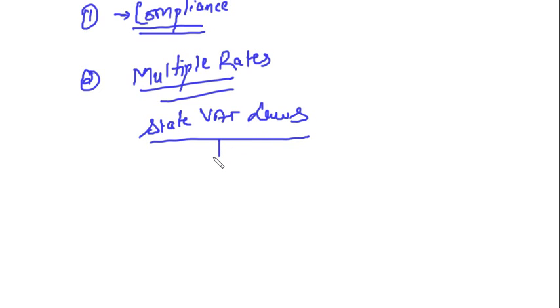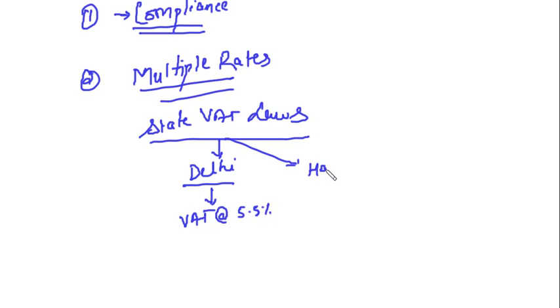So if you go to Delhi to buy a product, the VAT rate applicable might be 5.5%. The same product in Haryana might be taxed at the rate of 6.05%.